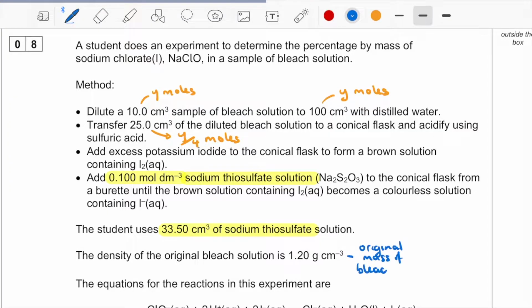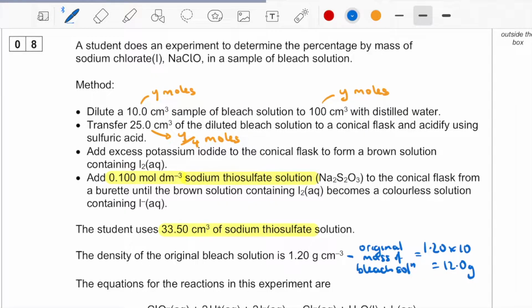The fact they've given us the density means that we're going to have to use it. So we've got grams per cm³, and we know that our volume is in cm³. If we multiply the volume times the density, the cm³ will cancel out, and we will be left with our mass. So it's going to be 1.2 times 10 equals 12 grams. So that was our original mass.